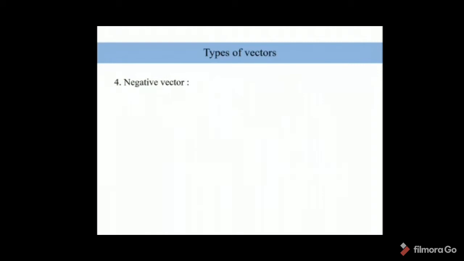Then number four, what is a negative vector? For example, let's say this is one vector, capital M bar. M bar is the first vector, and then we also have a second vector. Just by looking at these two rays or diagrams, what can we infer?